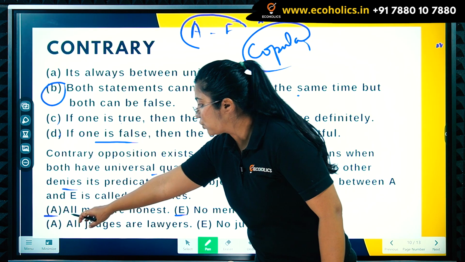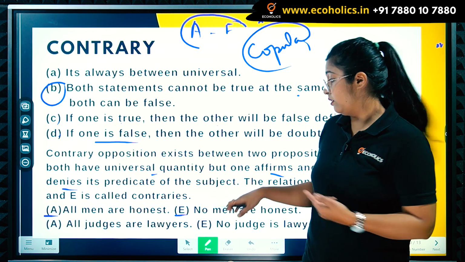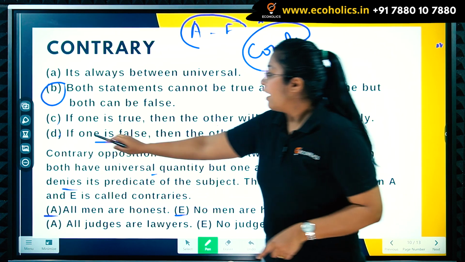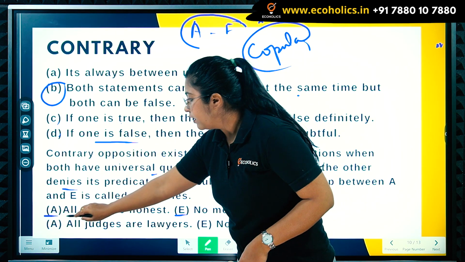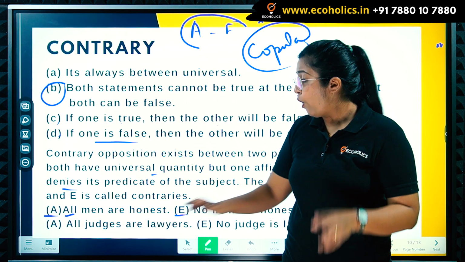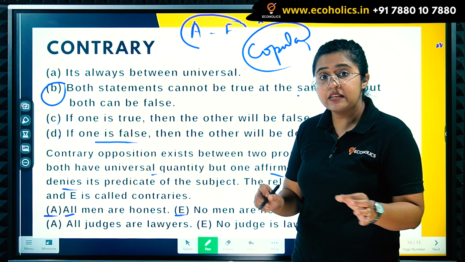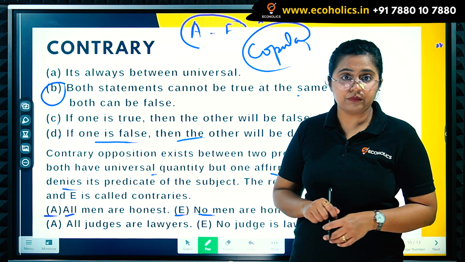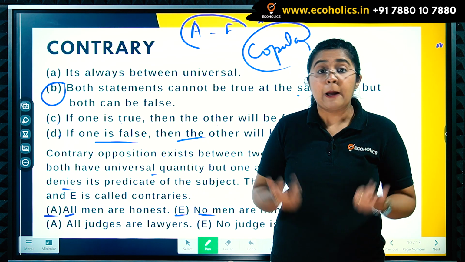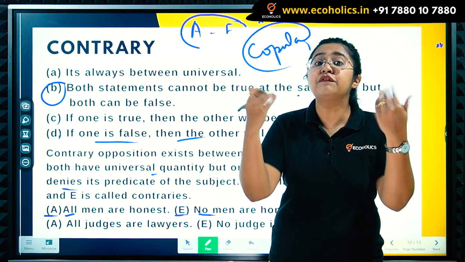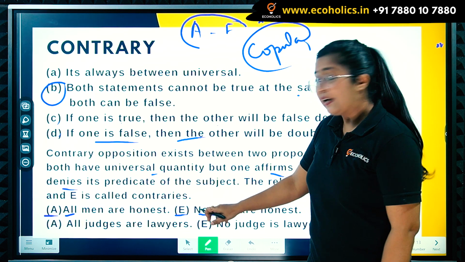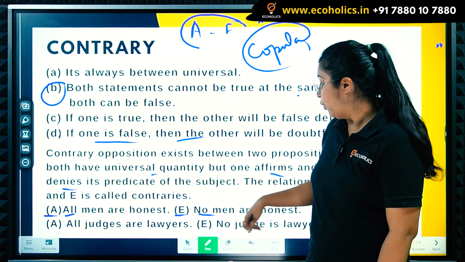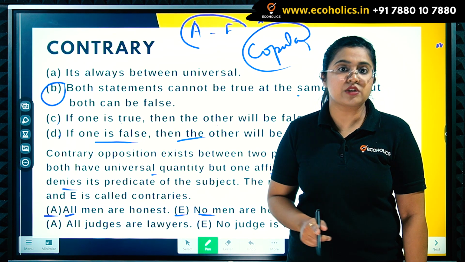If A is true, all men are honest, then no men are honest is a false statement. However, if one is false, meaning if all men are honest is a false statement, then the other will be doubtful. Why will it be doubtful? Because we do not have further information to validly say that no men are honest is a true statement.